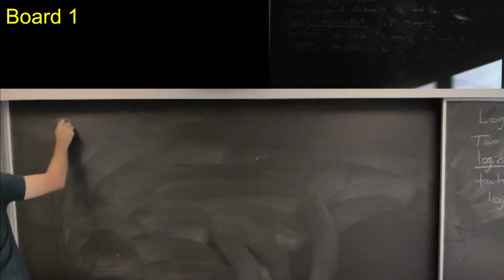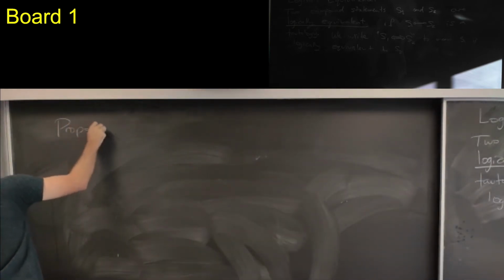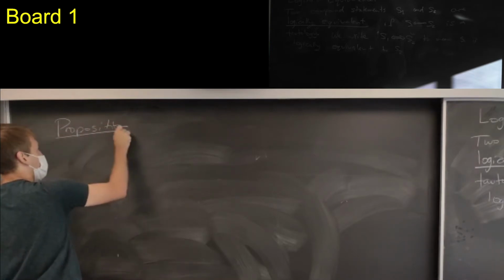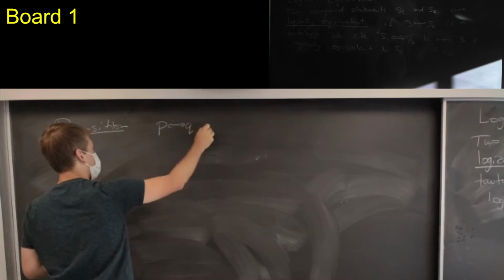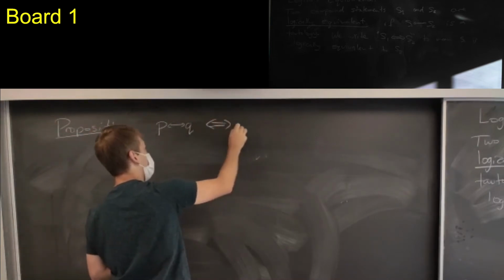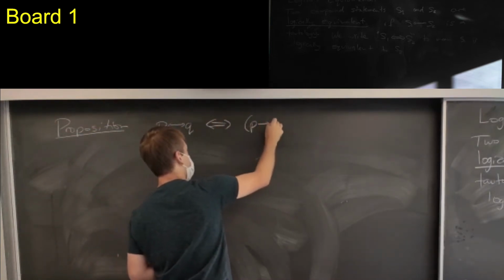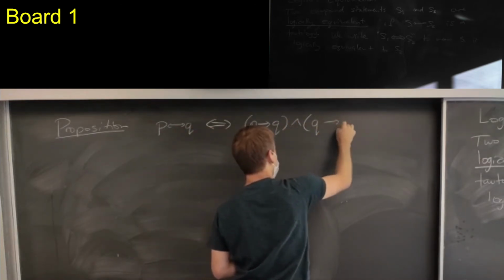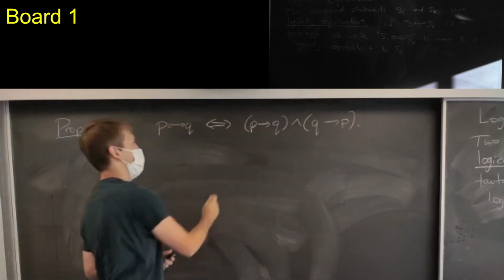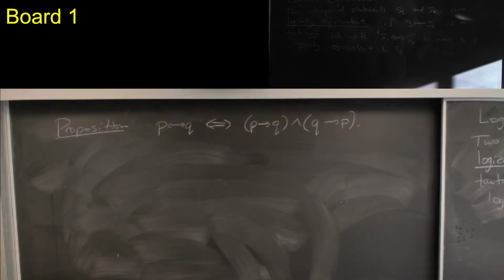So I claim that P if and only if Q is logically equivalent to P implies Q and Q implies P. As usual, right now all I have is truth tables, so I'm going to do this with a truth table.